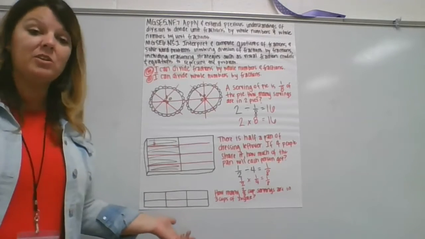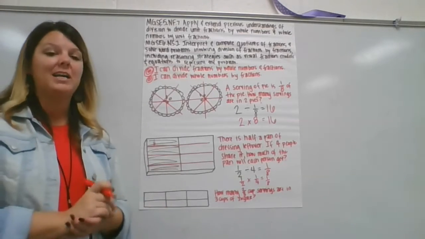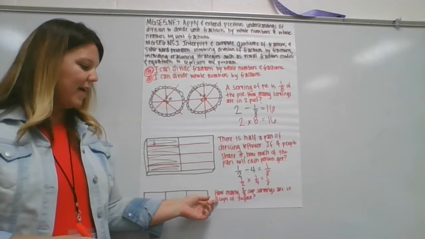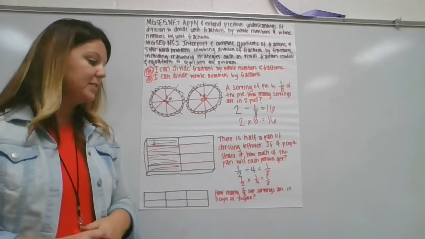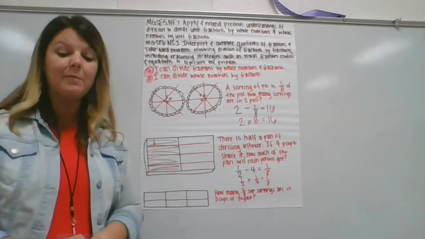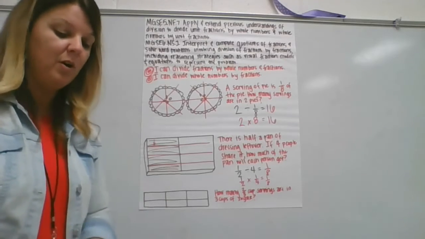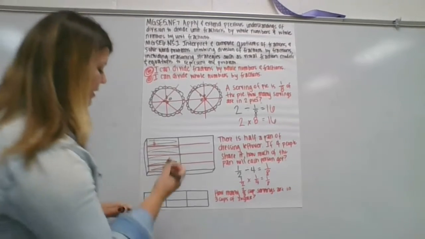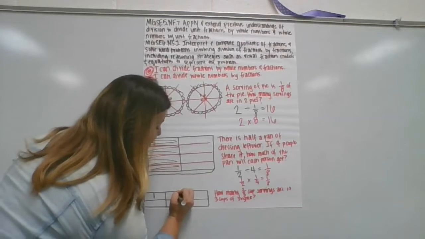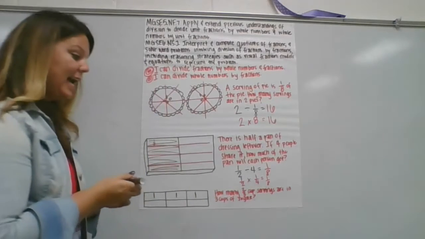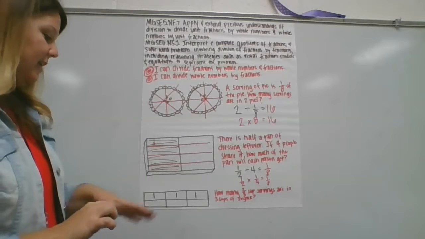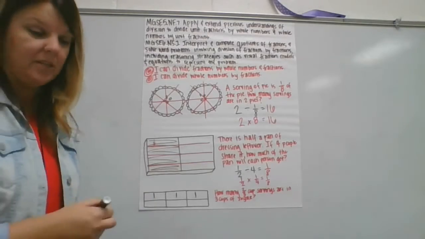Last but not least, you can use a strip diagram if it's not practical to draw a picture. So we have how many 2/3 cup servings are in 3 cups of sugar. So I have 1 cup of sugar here, 1 cup here, and 1 cup here. Now this is dividing 3 by 2/3.